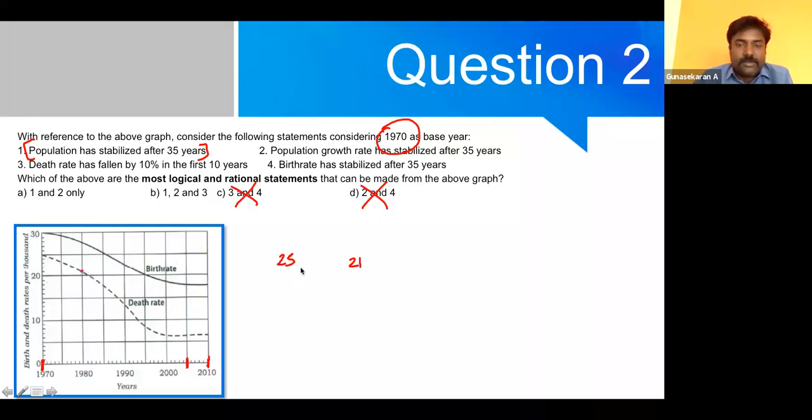From 25, has it fallen by 10% or what? How much percent? 4 or 3.5 or 4.5 doesn't matter. How much is the percentage? It's more than 10%, right? Yes, so not possible.